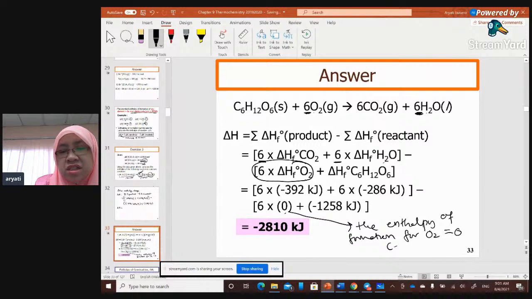Sebab oksigen is an element, dia bukan compound. C6H12O6 adalah compound, CO2 adalah compound, H2O adalah compound. So oksigen adalah element, so dia punya enthalpy adalah 0. Sebab itulah keadaan yang paling stable bagi dia. Okay, so yang ni C6H12O6. So masukkan nilai, so you will get the value of delta H is negative 2810 kilojoule.